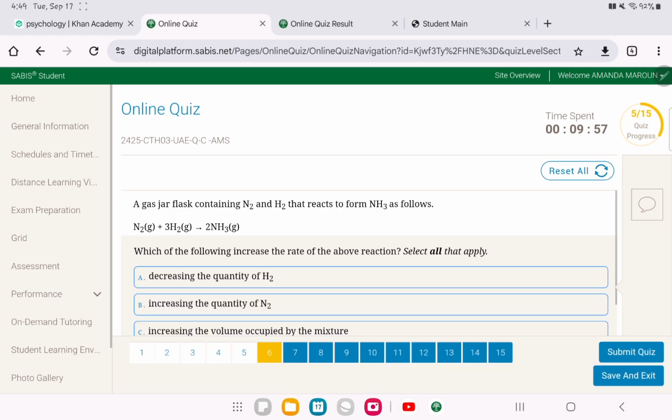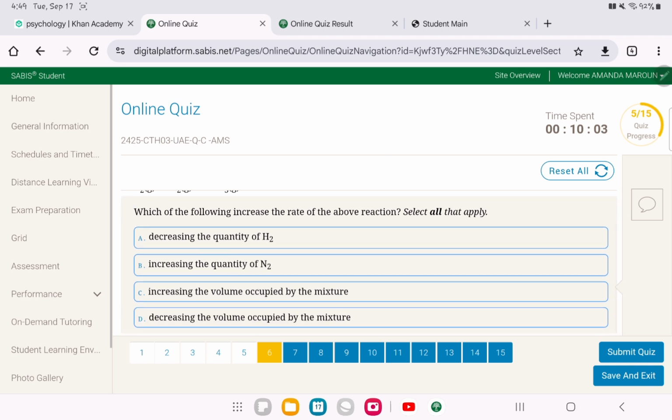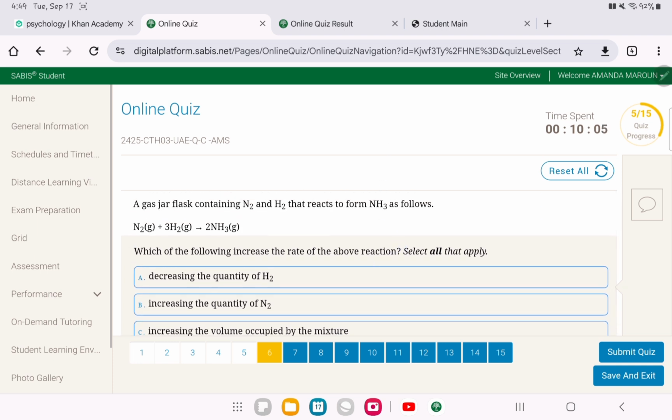Question number 6. A gas jar flask containing N2 and H2 that react to form NH3 as follows. Now, which of the following increase the rate of the above reaction? Whenever we need to increase the rate, we need to focus on the reactants. So we have the reactants that are N2 and 3H2.